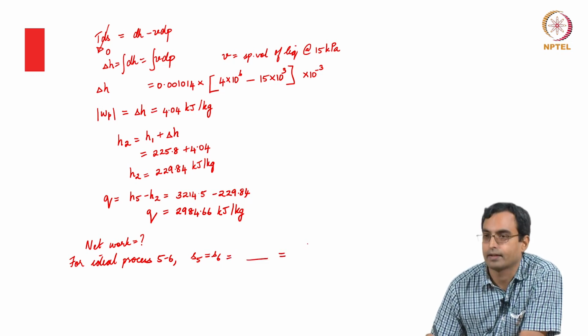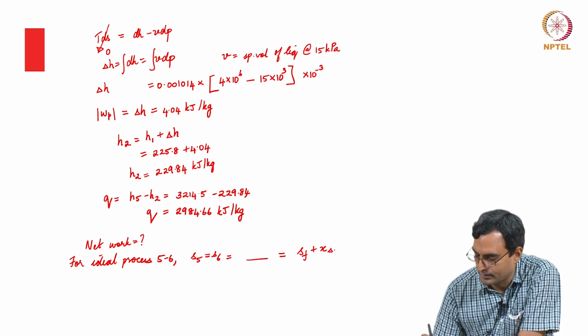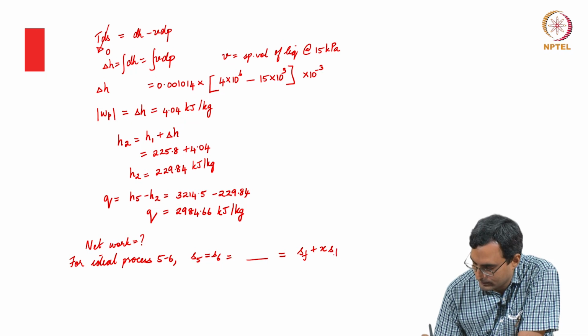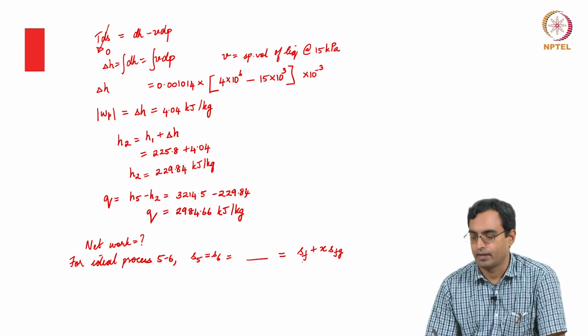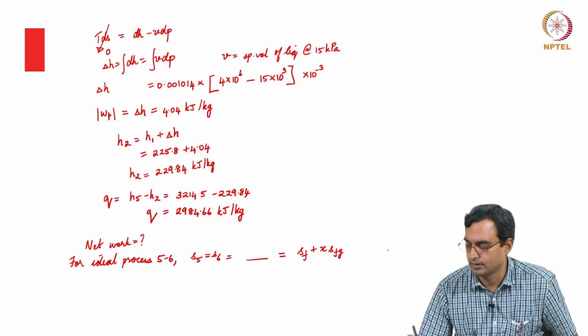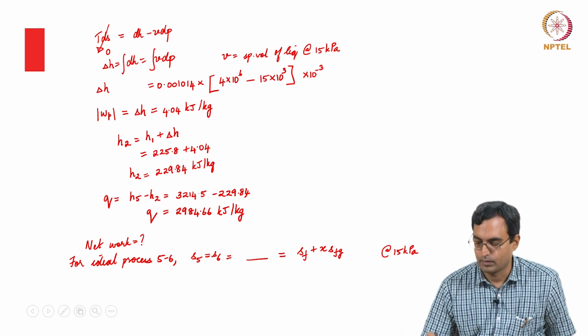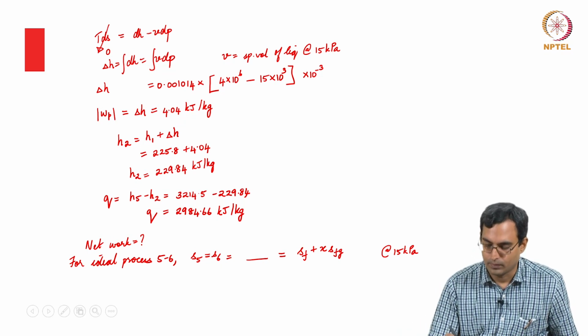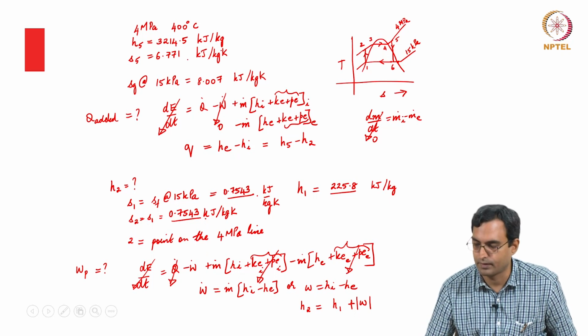Now, S6 I can write in terms of SF plus X into SFG, and then find out X. SF and SFG are at 15 kilopascal. So, I need to find out all of these. So, S5 we just noted here is 6.771.